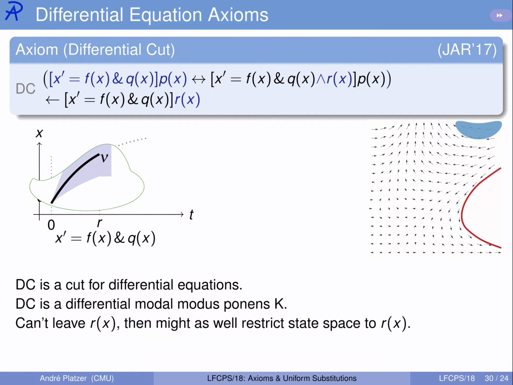Remember, differential cut is like a differential modus ponens. And of course, the rendering as a uniform substitution axiom, again, just says, well, we don't know what concrete truth values the evolution domain constraint, the postcondition, and the extra constraint added to the evolution domain constraint have, but they are true or false in certain states as a function of the value of x.